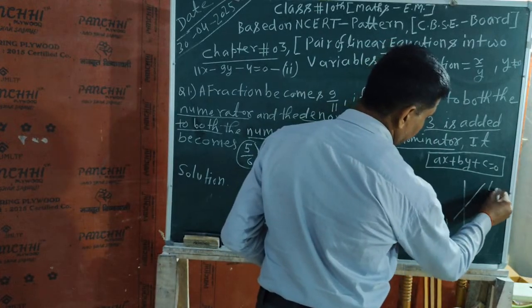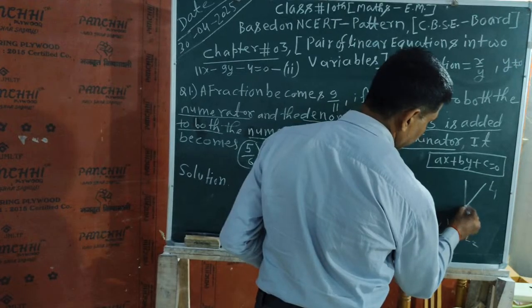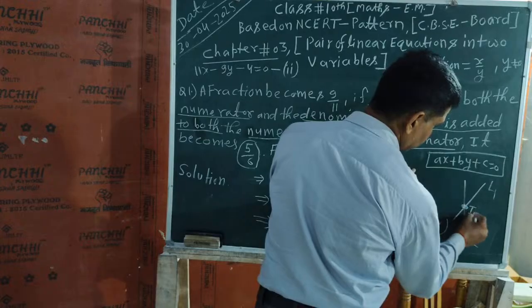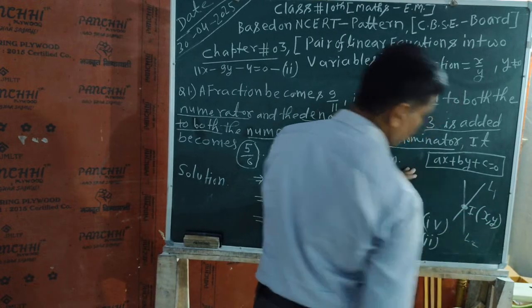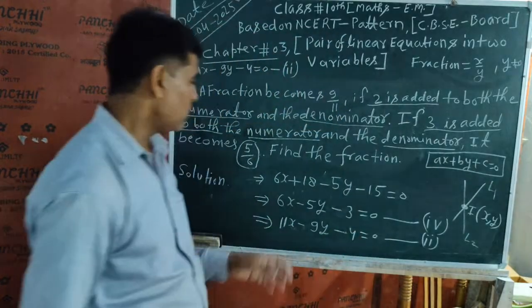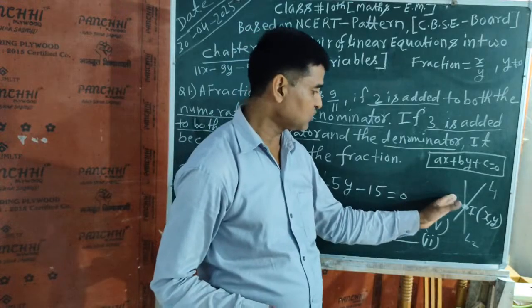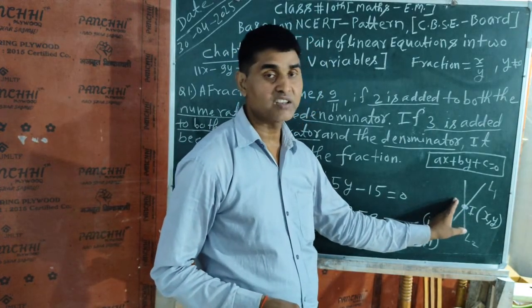One line will be L1 and the other line will be L2, and this point is the intersection point, and its coordinates will be x comma y. Okay students, after checking the condition, this is the geometrical meaning of the obtained two linear equations in two variables.